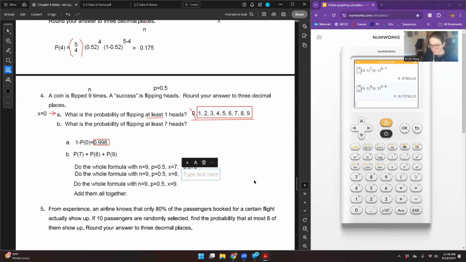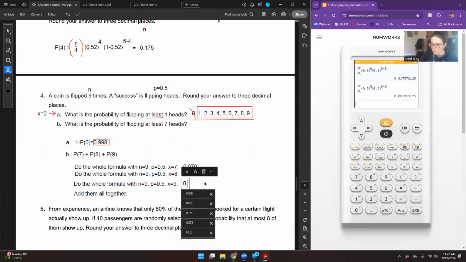Again, it's not necessary to write this down. I'll show you why at the end, but I'm just going to do it for right now so we can see that there's 3 different answers and then we're going to add them together. Try this one last time. Go up, copy, change all my 8s to 9s. And ooh, that's a tiny one, 0.002.